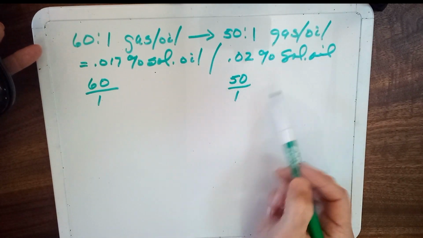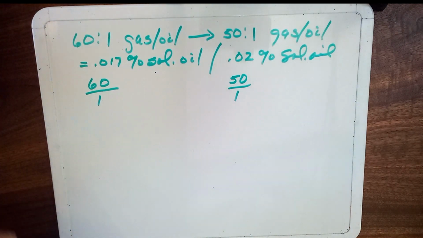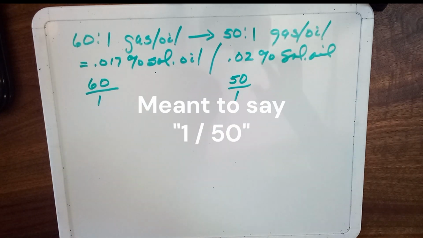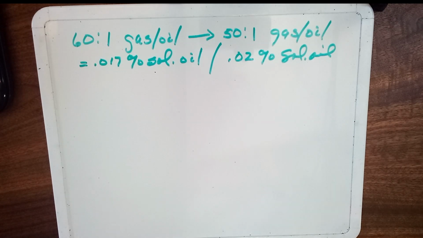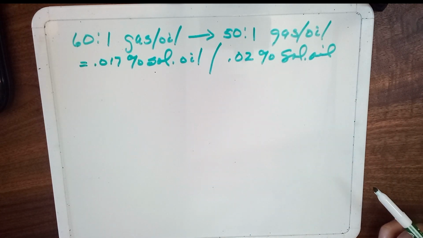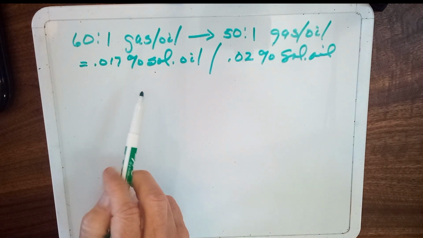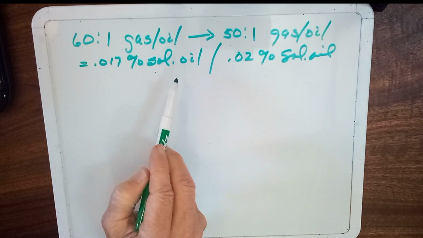When I do the same division, 1 divided by 50, I come up with 0.02. So therefore, we have a 0.017 solution and a 0.02 solution. We need to add something. We need to add oil to this solution right here.